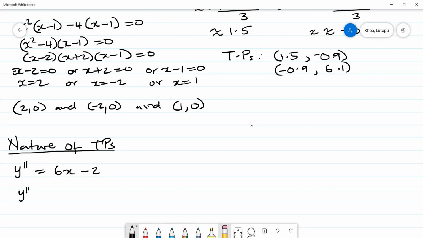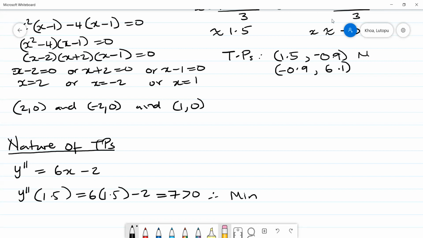Then I substitute 1.5 here, and we have 6 times 1.5 minus 2. This is positive, and therefore this is going to be a minimum turning point.